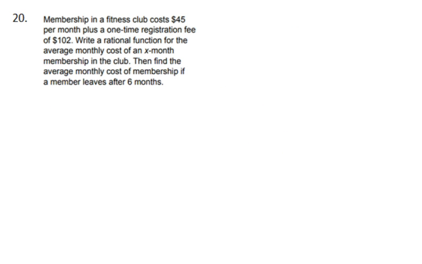Okay, 20, membership in a fitness club. And I gave them, I think, the exact problem in the test preview. So write a rational function. So average cost is going to be equal to our one-time registration fee plus 45 per month.